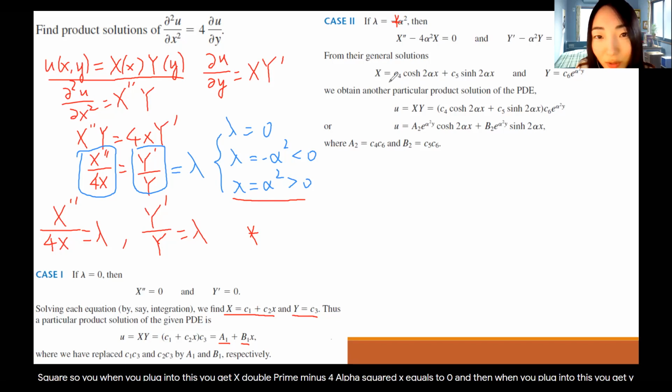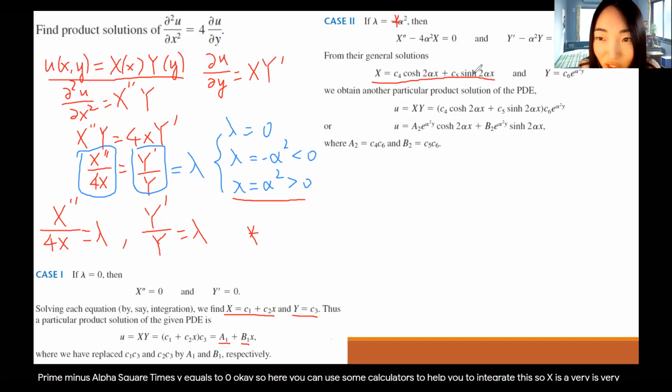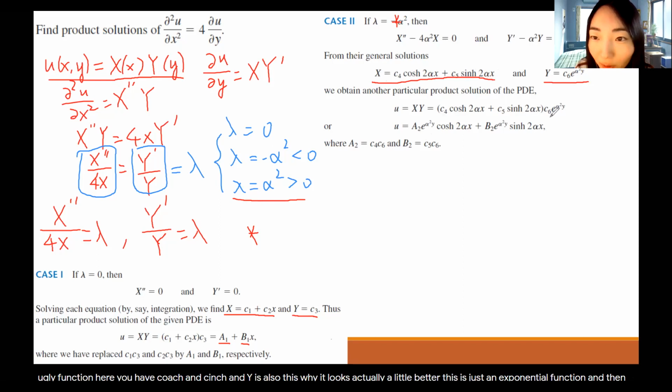Here you can use some calculators to help you integrate this. X is a very ugly function here. You have cosh and sinh, and y is also this. Y looks a little better. This is just an exponential function, and then you can combine these together by multiplying them, and categorize all these constants to have the minimum amount of constants when you're naming this.